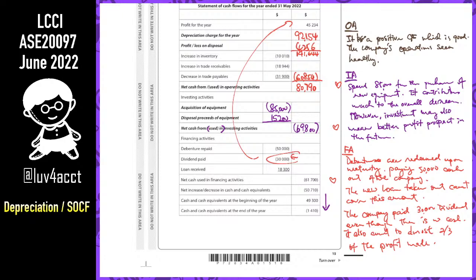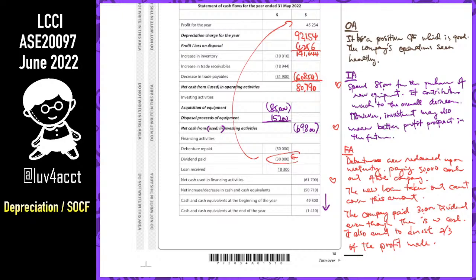So my second point is that the company is paying that much amount of dividend. Of course, I have already explained. You can see the profit is 45,000. That means the dividend is almost 2/3, not yet 2/3, 66%, of the whole amount of profit. You don't need to pay that much dividend, especially if you don't have the cash.